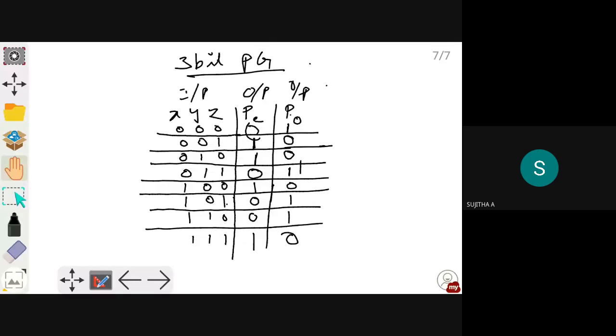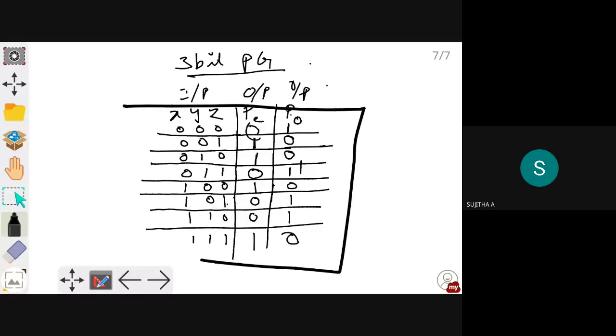For even parity generator, you have to add an additional bit 0 or 1 depending upon your transmitted bits. So even number of 1s already உன்னோட நம்பர்ல இருக்குன்னா you have to add 0. Even number இல்லாம odd number இருக்கு அப்படின்னா you have to add 1 for even parity. That is vice versa for odd parity. So this is the truth table to design an even parity generator and odd parity generator.